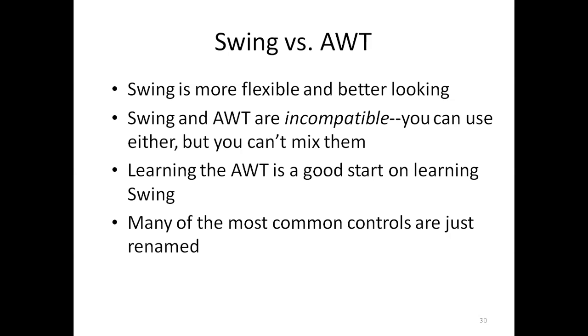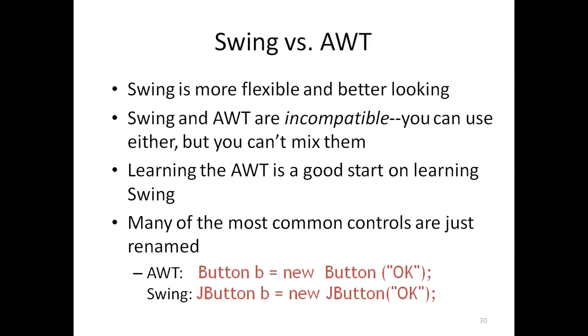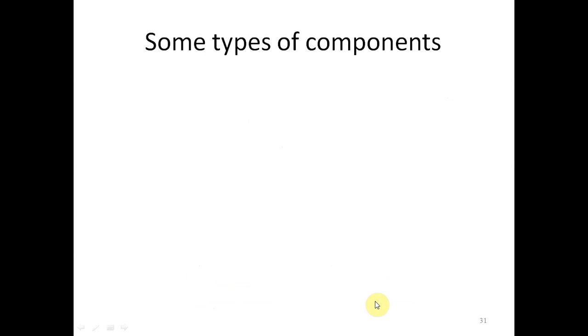Many of the most common controls are just renamed in Java Swing. In Java AWT it is Button, and in Java Swing it is JButton. So we have to write JButton in Java Swing. Only the J is the change, and the rest of the statement will be the same. So this is the difference between Java Swing and Java AWT.